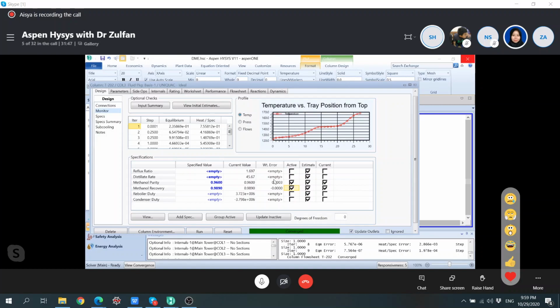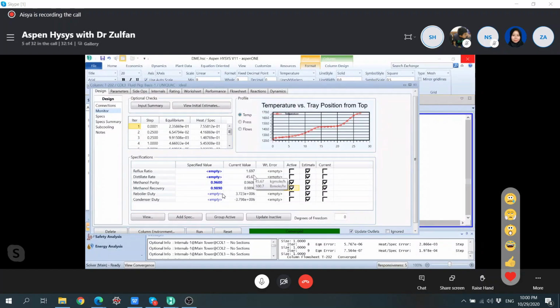Well, it's not that high. To get how to read that: to get the purity of methanol as specified and the recovery of methanol as specified as well, you need to have that reflux ratio. All right. So that's how to read that.